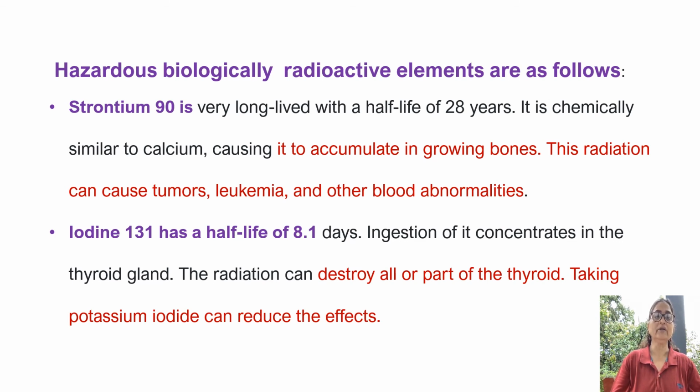Similarly, iodine-131 has a half-life of 8.1 days, and its ingestion is very easy. It concentrates in the thyroid gland, and if it attacks our thyroid gland, then the total metabolism of the human body is disturbed. To cure it, usually potassium iodide tablets are used. That is not an antidote to the radioactive elements, but it protects our body if the thyroid gland is exposed to the radioactive fallouts.